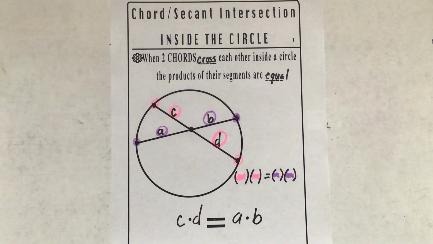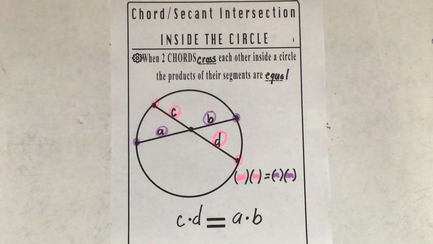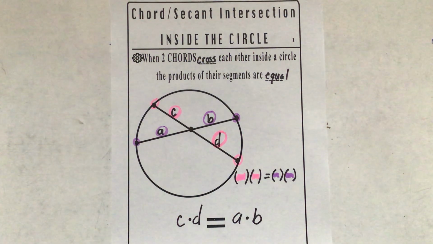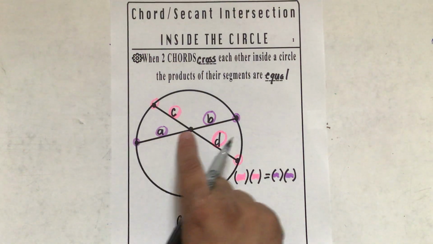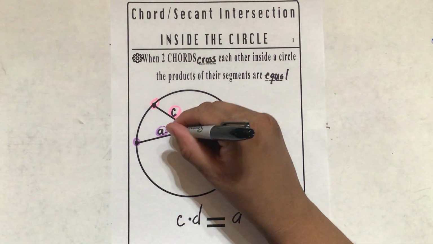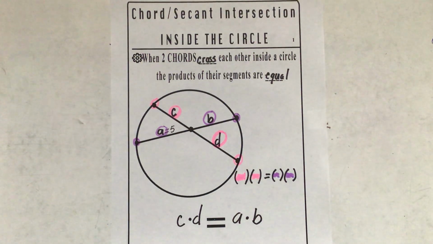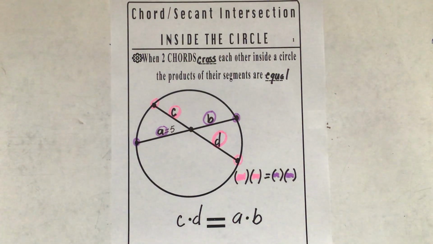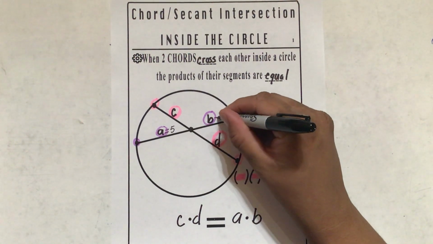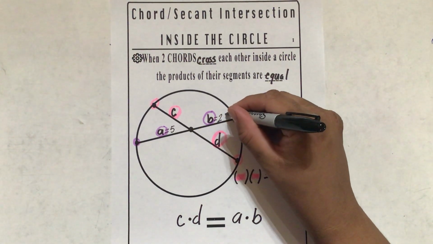Now, let's say that we assign numbers to these A, B, C, and D, right? So let's say from here to here, A is equal to 5. And from here to here, B is 25.